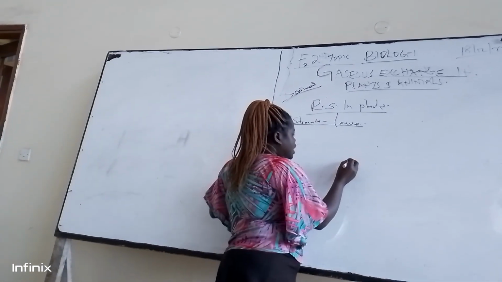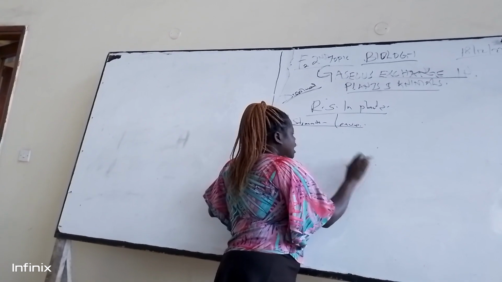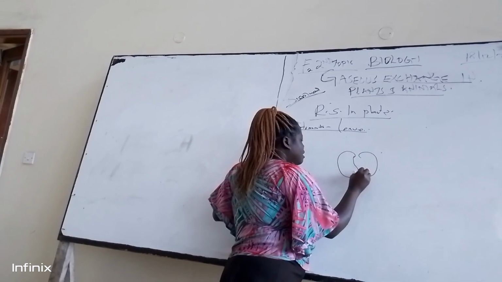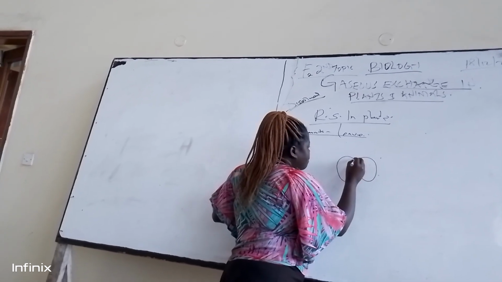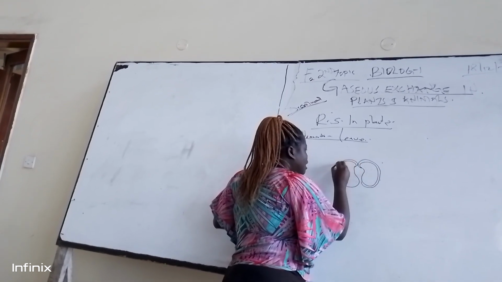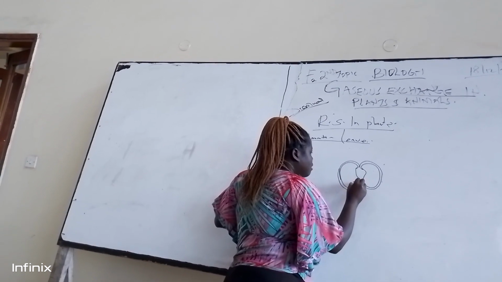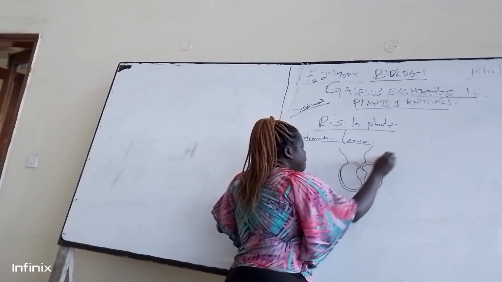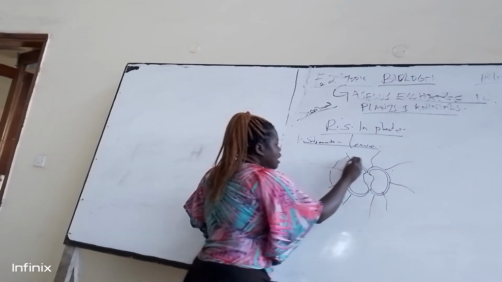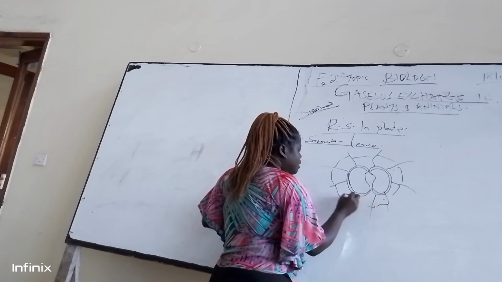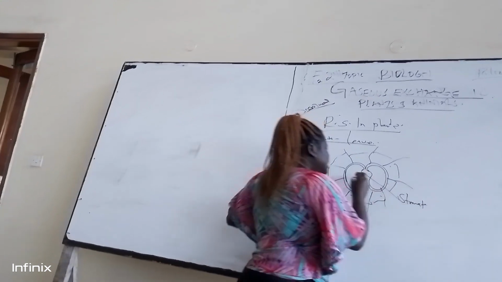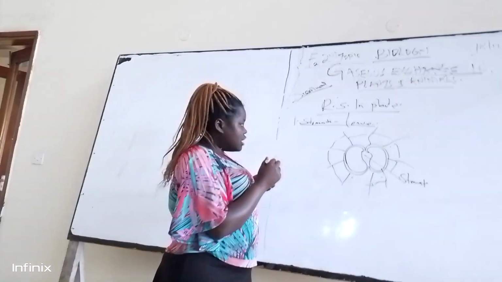I just want to explain something about the stomata with a sketch. This is a sketch of the stomata in the leaf. This tiny pore found in the leaf of a plant is called a stoma.